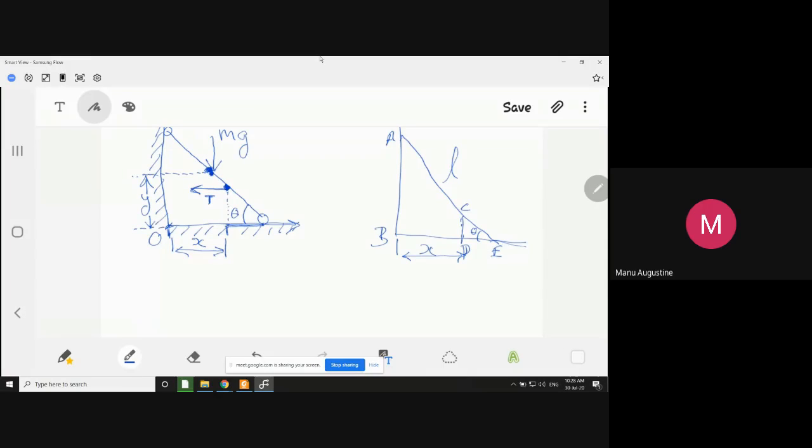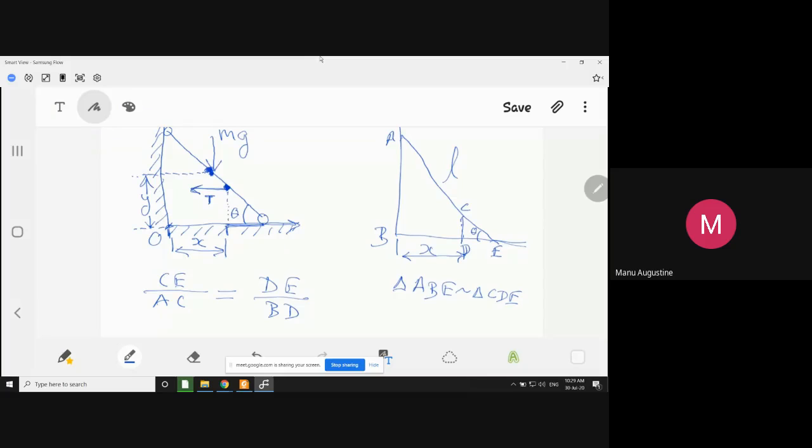Okay. Now, can I say that CE divided by AC must be equal to DE divided by BD? Why? Because triangle ABE is similar to triangle CDE.